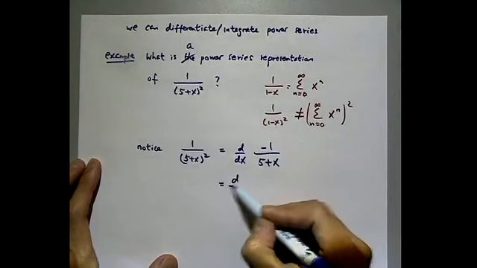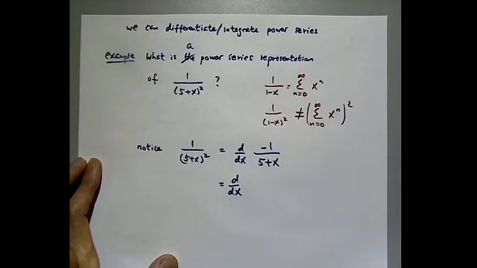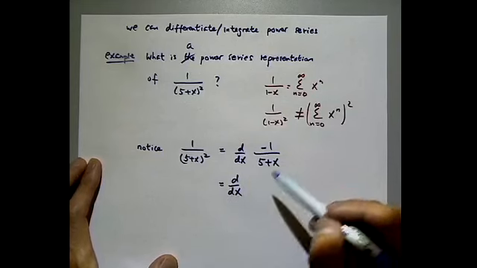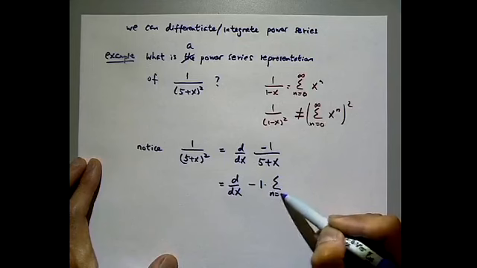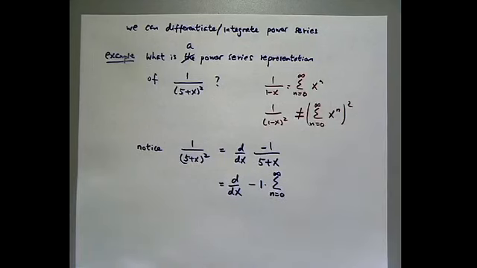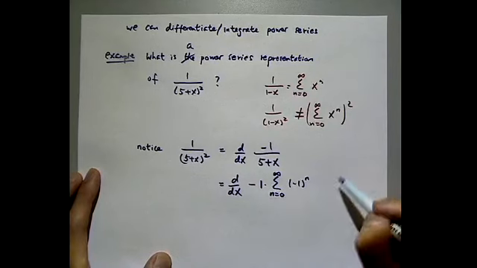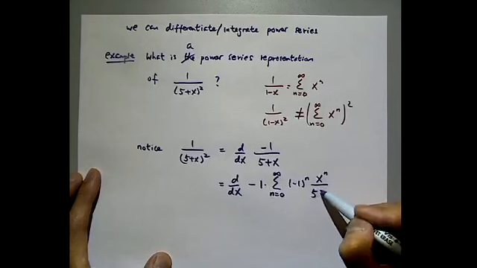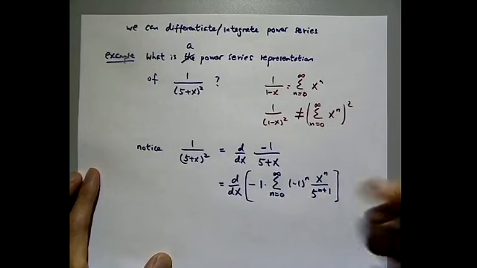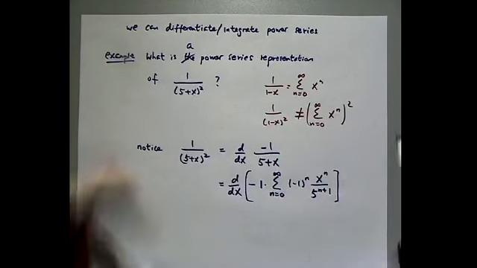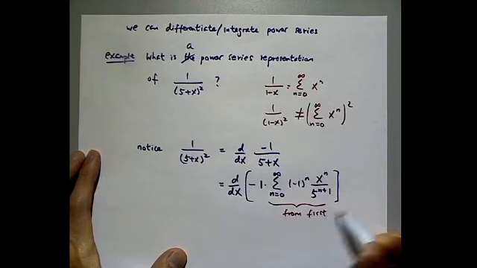So this is the derivative of, I'm going to borrow from example 1, what we already had: negative 1 times the summation 0 to infinity of negative 1 to the n, x to the n over 5 to the n plus 1. So this is from the first example today.